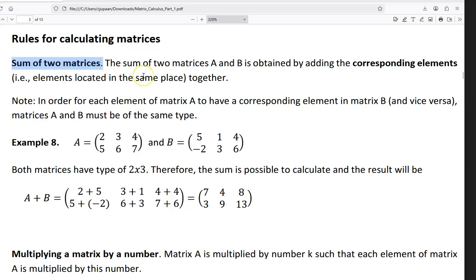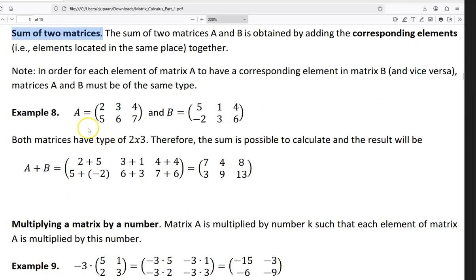Probably I already told that in the beginning. If you have two matrices, let's take this example here. If I have matrix A and matrix B, the first thing you have to be sure of is that both matrices are of the same type, or dimension.